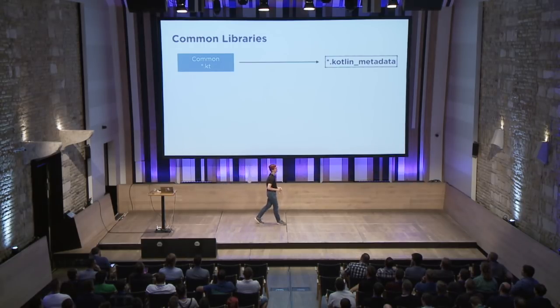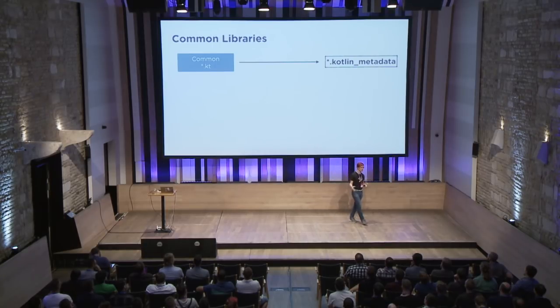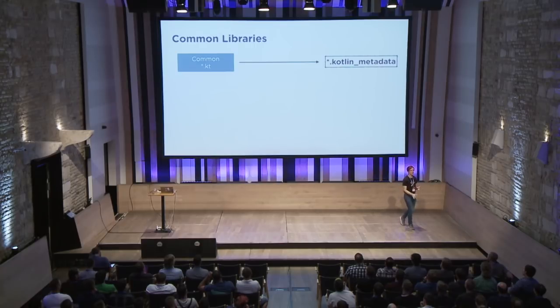The answer to that is that for a common library, you don't actually need to have any executable code, because every time the library is used, it will be used for a specific platform, and it will be compiled together with the platform-specific version of that library. So the common library just needs to have the declarations so that we can verify that the APIs accessed by common modules using that library actually exist in the library.